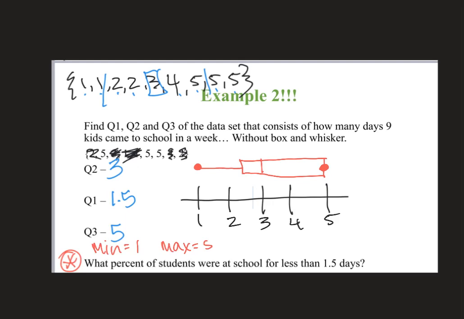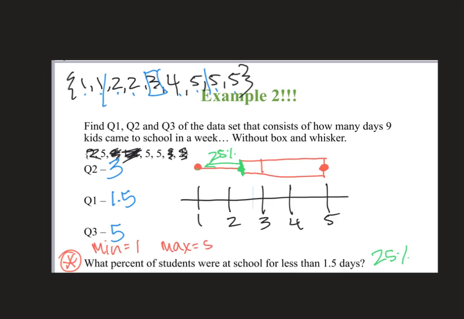So even though there's no space between that line and the dot, 25% is on this space, okay? So let's answer the question. What percentage of students were at school for less than 1.5 days? So find 1.5, which is here, and it's less than that. So we're going from Q1 to minimum, which is 25%. So 25% is your answer.